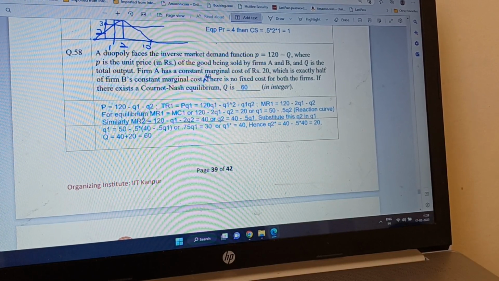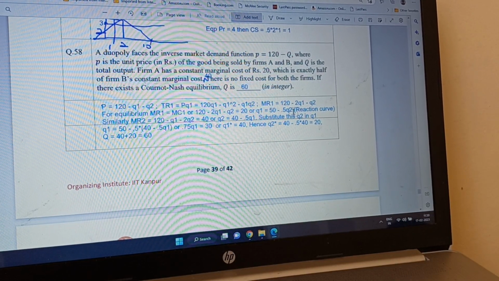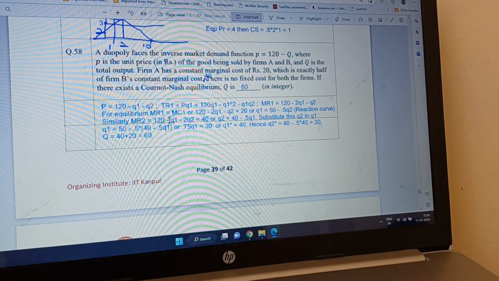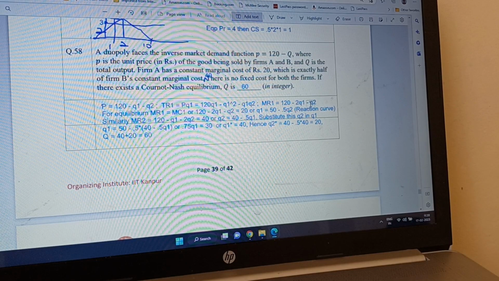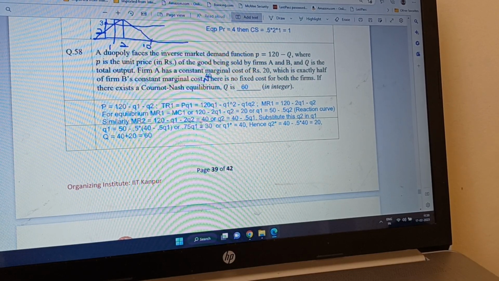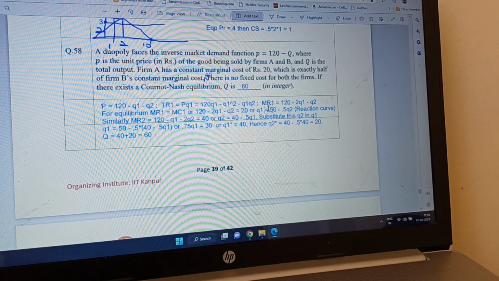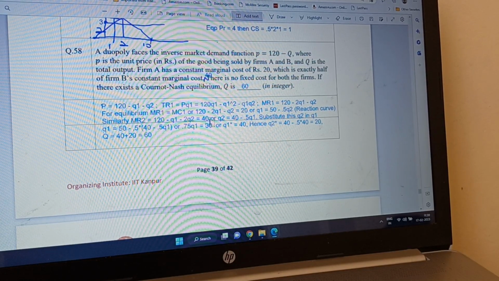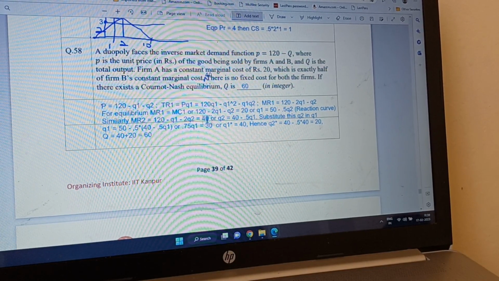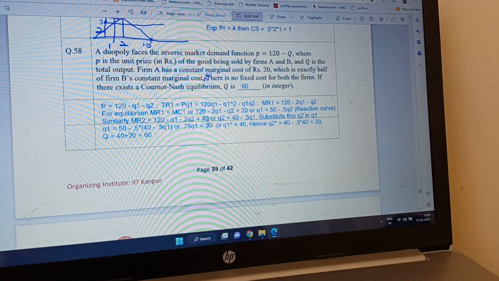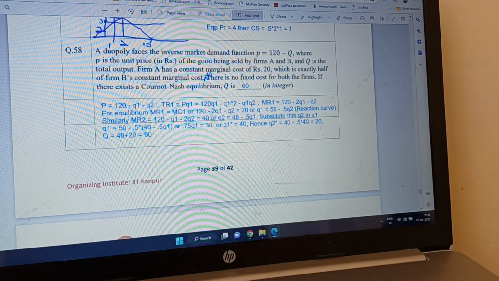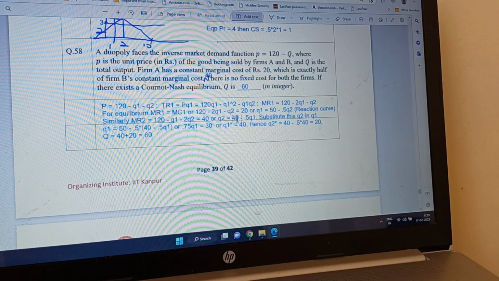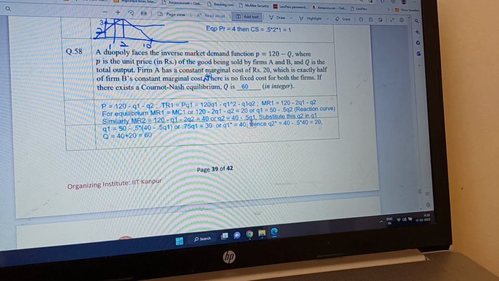Similarly, MR2 will be, replacing Q2 by Q1 because of symmetry, 120 minus Q1 minus 2Q2. Since MC is equal to 40, I wrote it here as 40. This gives Q2 is equal to 120 minus 40 is 80, so 80 divided by 2 is 40, minus half Q1.